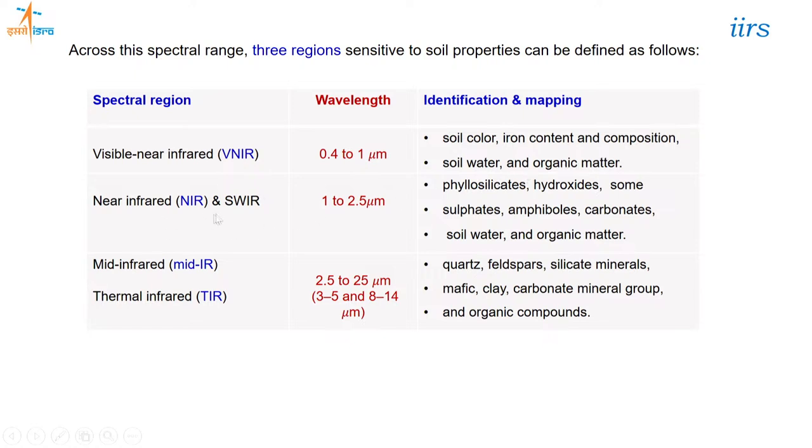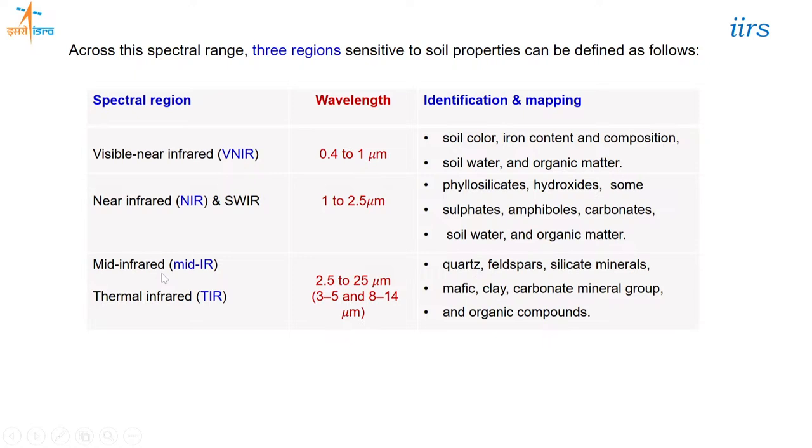The near infrared and short wave infrared region, which is the wavelength region of 1 to 2.5 micrometer, is mainly used for characterizing phyllosilicates, or you can say clay minerals, hydroxides, some sulfate salts, amphiboles, carbonates, and organic matter of the soils.